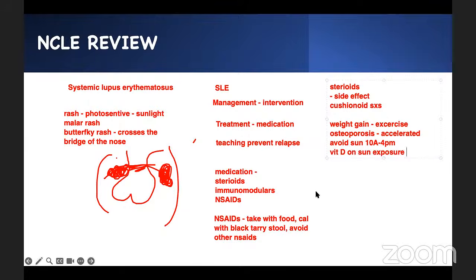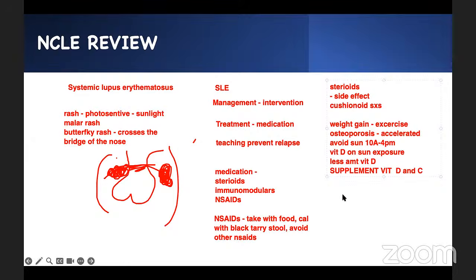And therefore, if these people are not going into the sun, they have less vitamin D. And they're taking steroids too. So with less vitamin D and taking steroids, they're going to have osteoporosis. Therefore, they should get supplements of vitamin D and calcium. Otherwise, they will develop osteoporosis. So these are the things you teach them.